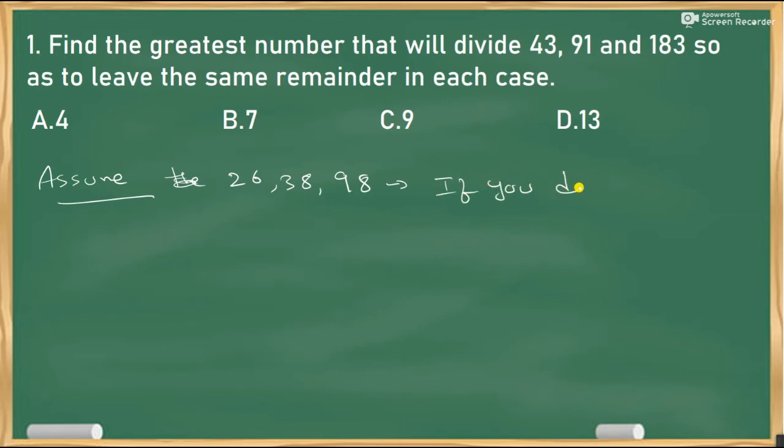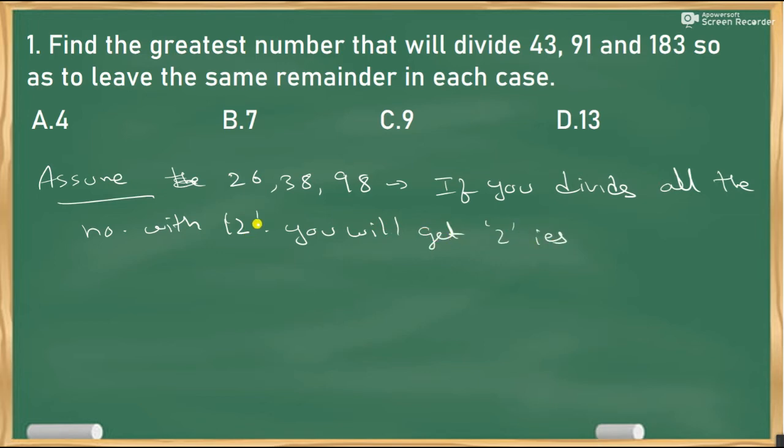If you divide all the numbers with 12, you will get 2 as the same remainder in each case.